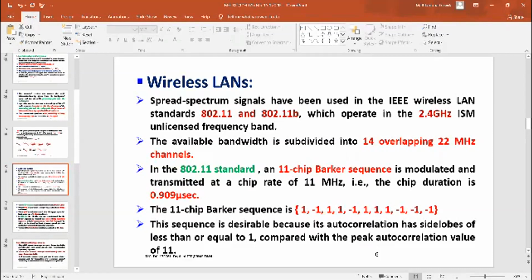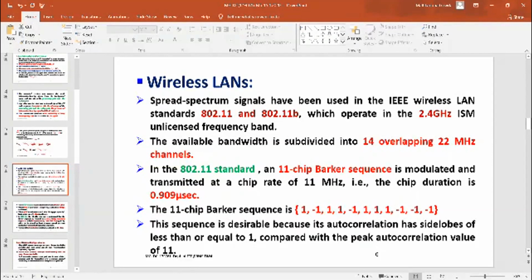These are two wireless local area network standards, and they operate in the 2.4 gigahertz ISM band, where ISM means industrial, scientific, and medical. This is an unlicensed frequency band, in which we can operate this wireless local area network.